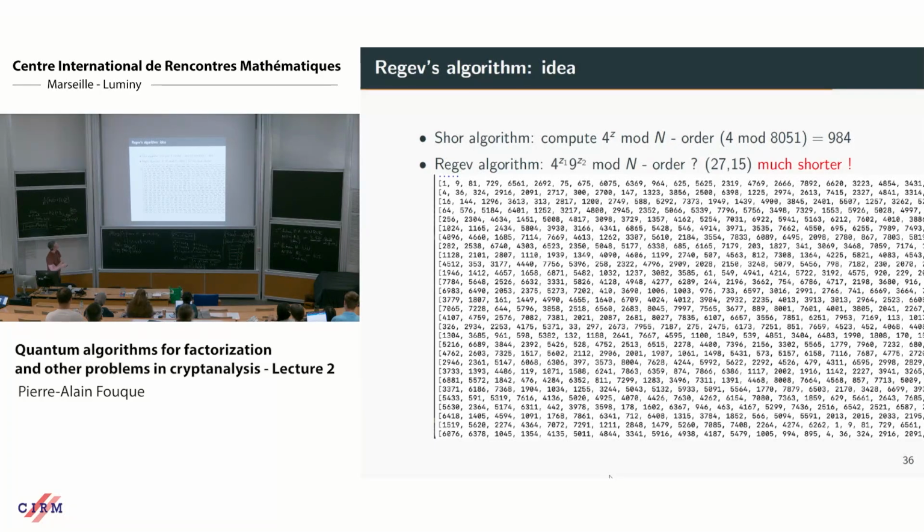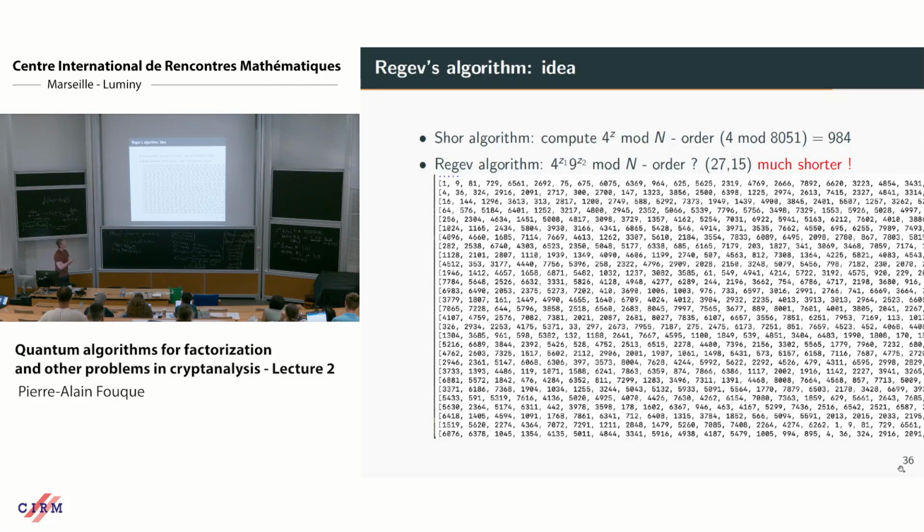For the second line, you have 4, 36, etc. Okay, so I computed this whole row, and now I have a 2-dimensional period, but it's not a big deal. I can always apply Shor's algorithm for a 2-dimensional period. And now I can find that the order on this instance is in fact 2715.